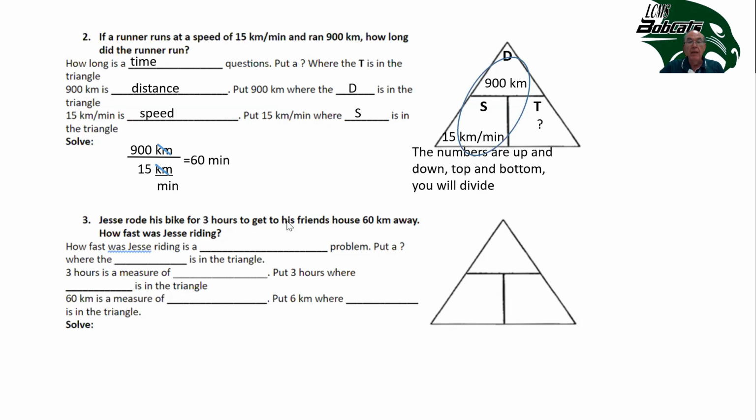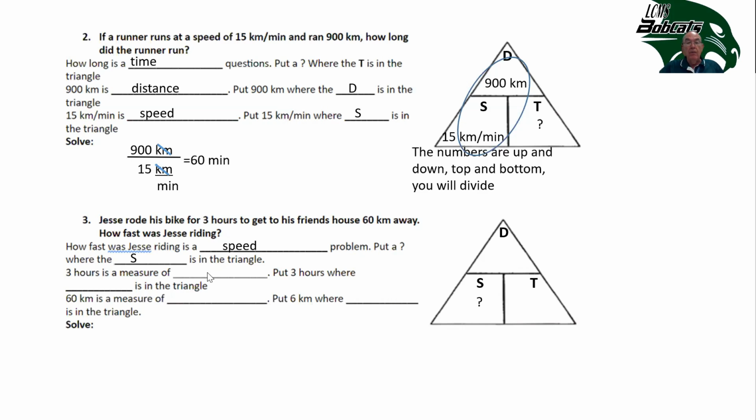Jesse rode his bike for 3 hours to get to his friend's house 60 kilometers away. How fast was Jesse riding? Well, they're asking us to find how fast he was going, or Jesse's speed. So we're going to fill out our triangle, put in the speed, distance, and time, and they're asking us to find Jesse's speed, so we're going to put a question mark where the S is in the triangle.